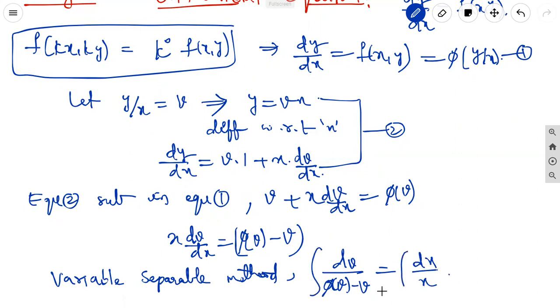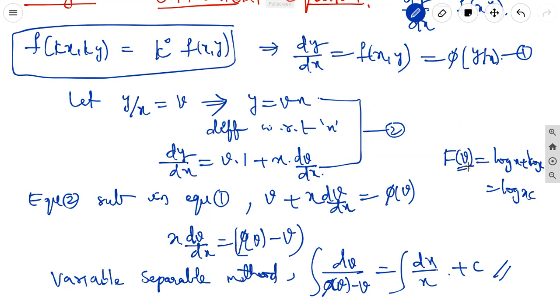Then, following the variable separable method, integrate on both sides and you get the solution: some capital F of v equal to log x plus c. Here the integral of 1 by x is log x plus c. We can take c also as log c. This is equal to log xc.